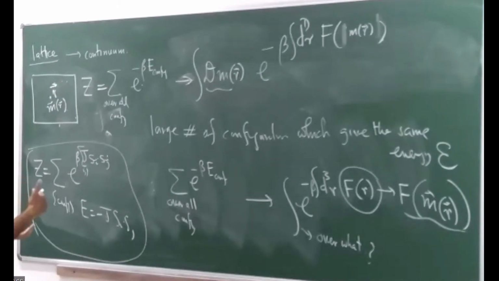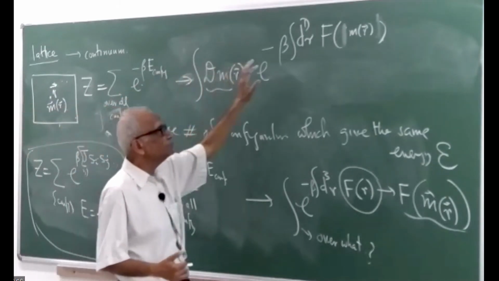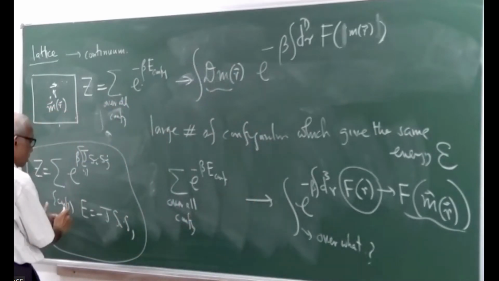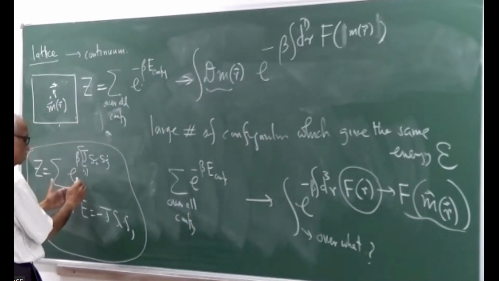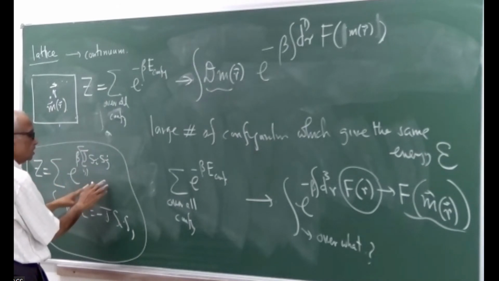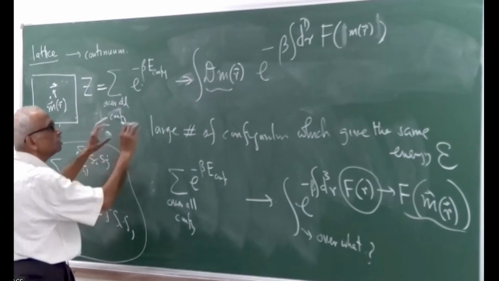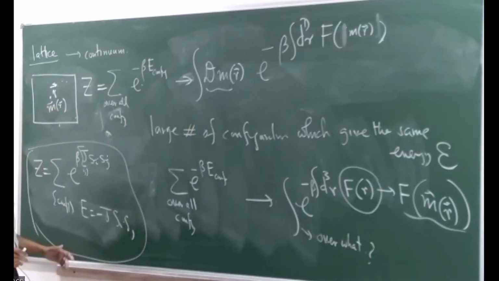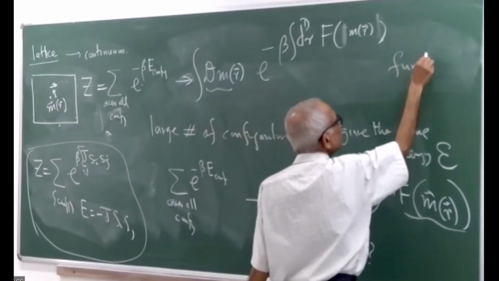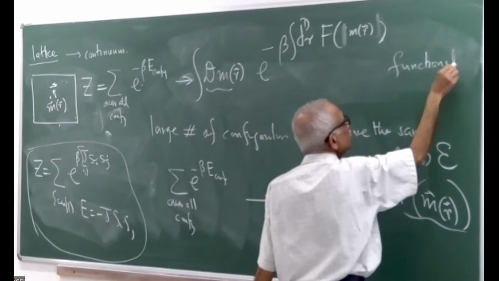The entropy combining with the energy gives a free energy, and the continuum prescription for the discrete model over here is this model, which is now an integral over all functions M, and therefore this integral is called a functional integral.